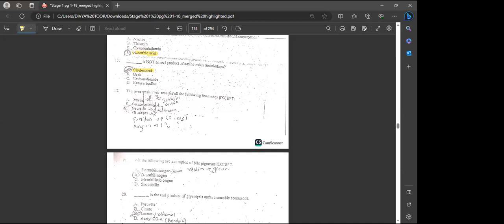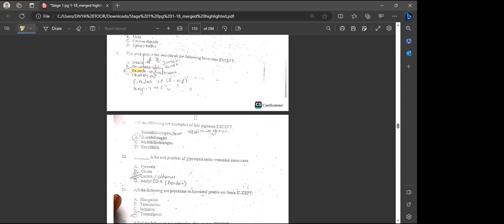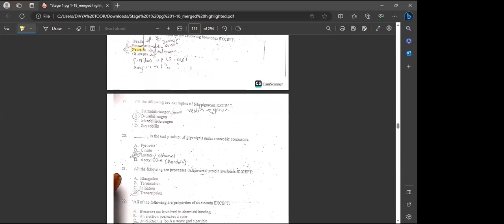So it's secretin that is not secreted by the islet. Secretin is produced in the duodenum, right.